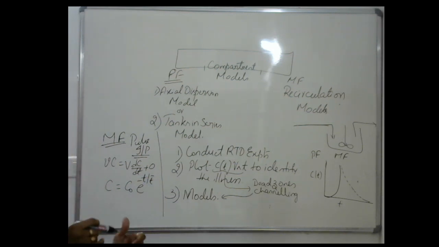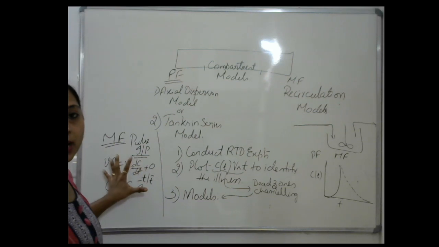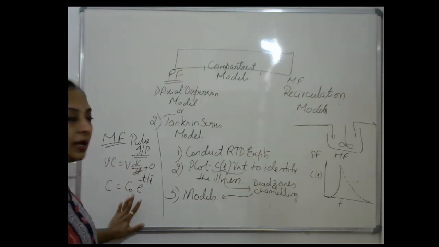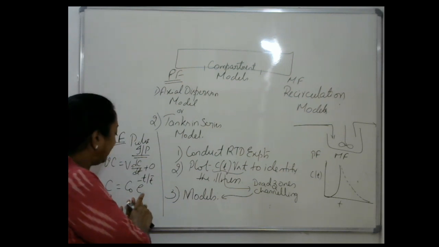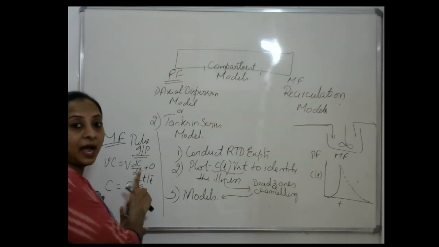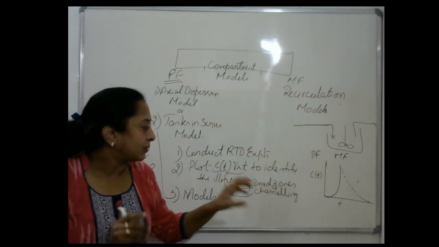Now what are we actually doing? We are doing a similar material balance. But when I am doing material balances like this, I will also account for whatever happens here.